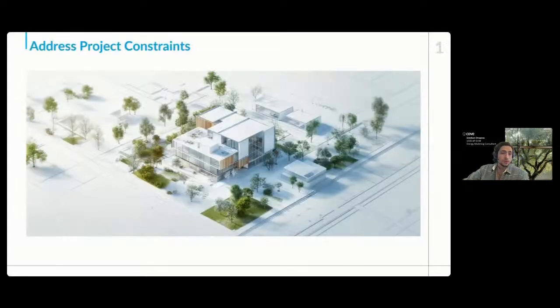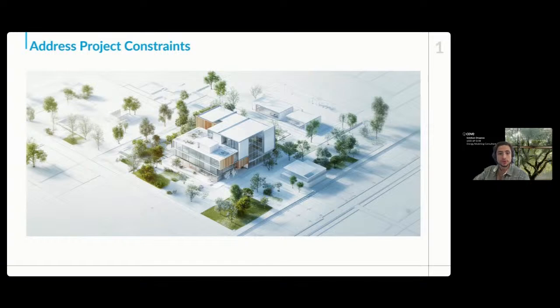So one key aspect is addressing project constraints. Let's say a client may have building requirements or design requirements that counter energy efficiency in terms of needing a large window to wall ratio, right? So building energy modeling helps maximize the efficiency opportunities, even in areas where we have restrictions.